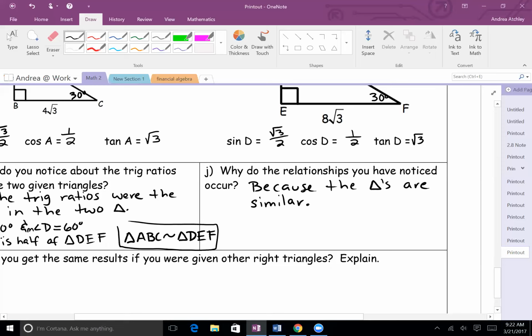Anyone other reasons we can think of? Yeah? Because it's just double, and then you can divide everything else by 2. Okay. We should probably say that better.